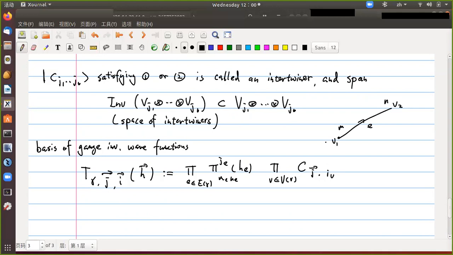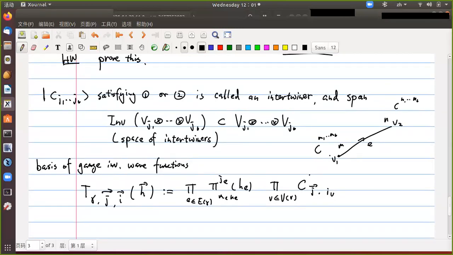At V1 you have a C with some M indices, and this M index is contracted with this M index. Then at V2 you have another C with N indices, and these N indices are contracted at V2.